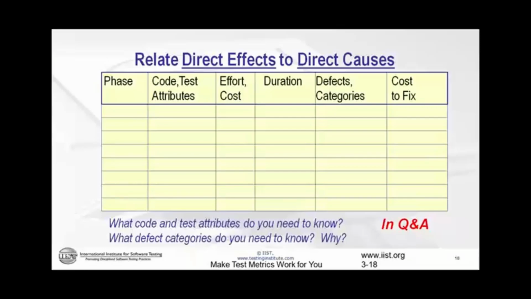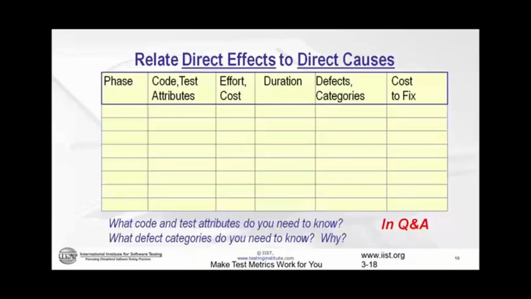There's all kinds of relevant characteristics there that help us understand what our effects are and tie them back to their causes. And then, what's it costing to fix that particular issue? Okay. Because if it's not costing as much to fix it, we probably are going to pay less attention to it than if it's shutting us down, making us go back and retrace our efforts and so forth.